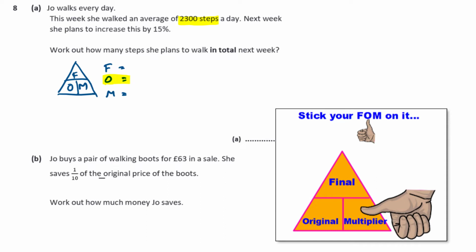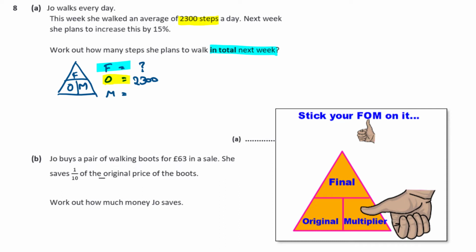And then if we want to work out the total for next week, that's going to be the final. So we've been given the original, it's 2,300, and we want to find the final. Okay, so what happens next week? Try and use the tense of the question. What comes first, what comes second, to work out which is the original and which is the final.